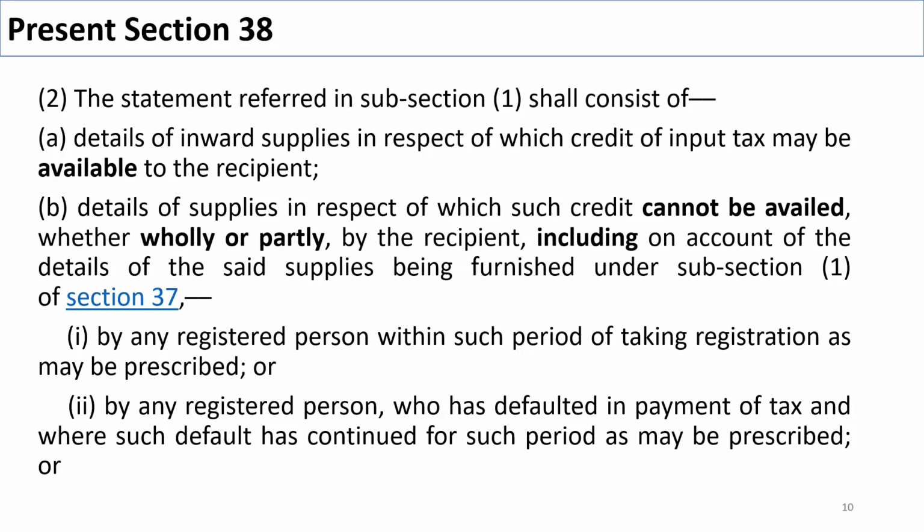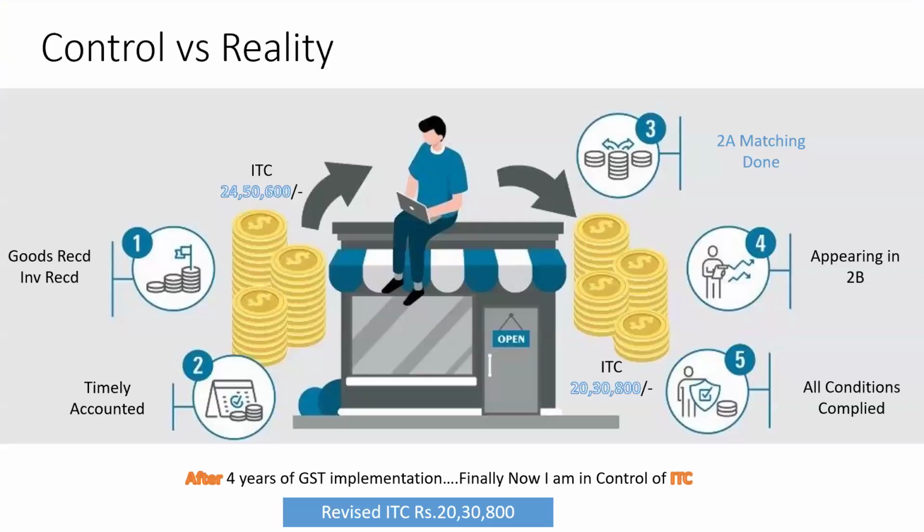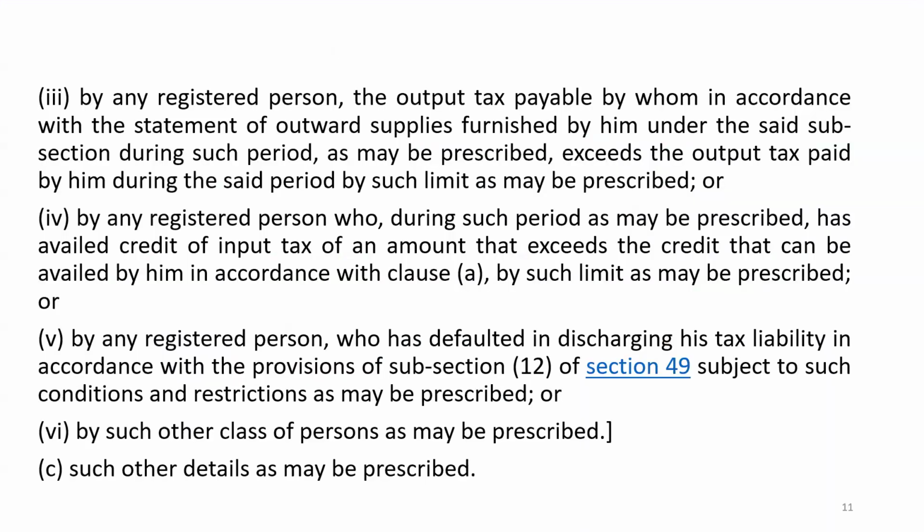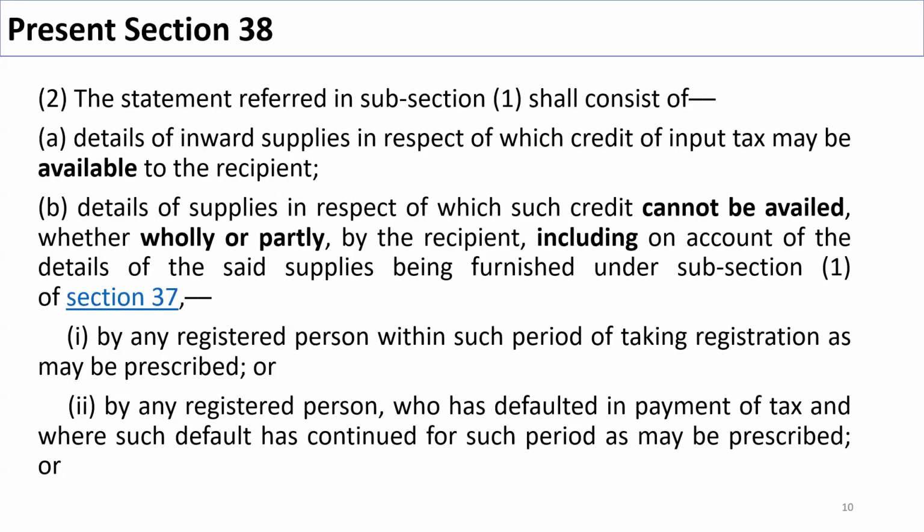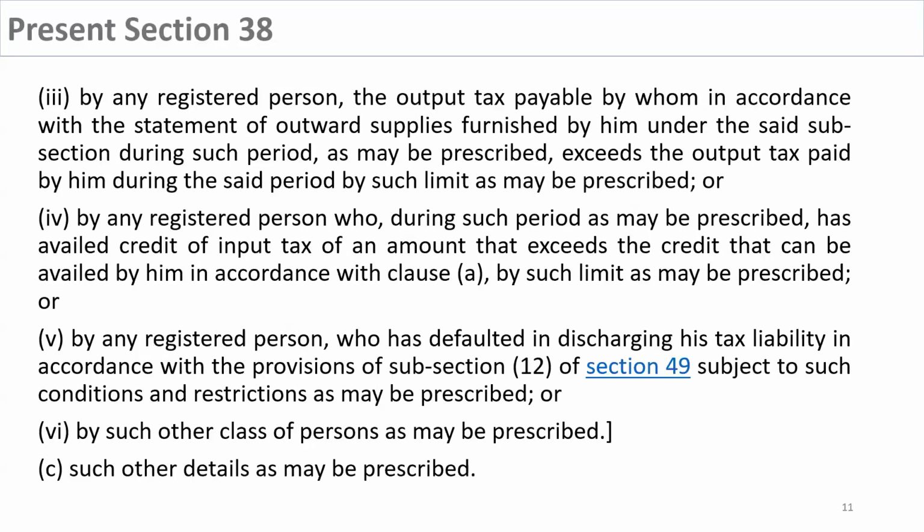So here I have taken each and every condition. All the conditions provided under section 38(2) clause B, Roman numerals 1 to 6, there are 6 conditions in which, even though the input tax credit is available in the statement or GSTR 2B, the recipient will not be able to avail the ITC on such invoices. Let us see each condition one by one, but this is not yet made effective.